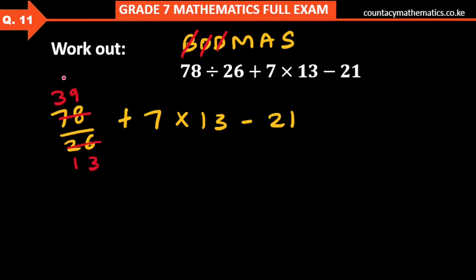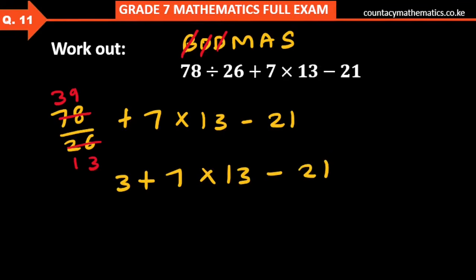And you see, it has become a bit easy because 39 divided by 13 is something that is a bit much doable. Why? Because you see, 1 goes into 3, 3 times, 3 goes into 9, 3 times. So 39 divided by 13, that is definitely a 3. So we write a 3 there, and we have plus 7 multiplied by 13 minus 21.